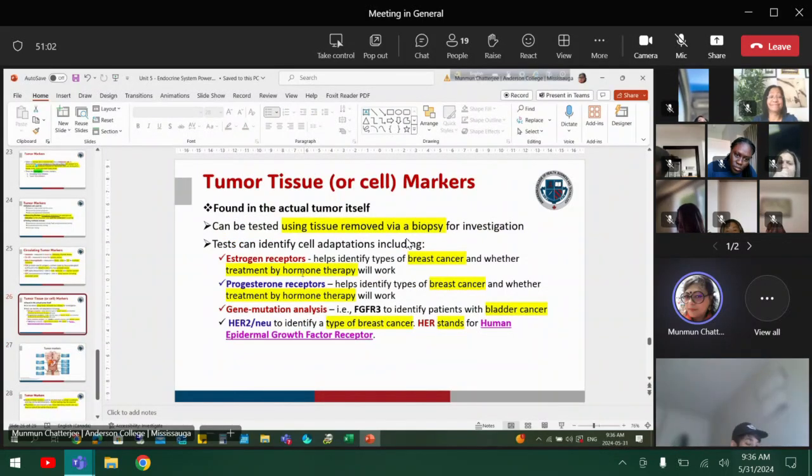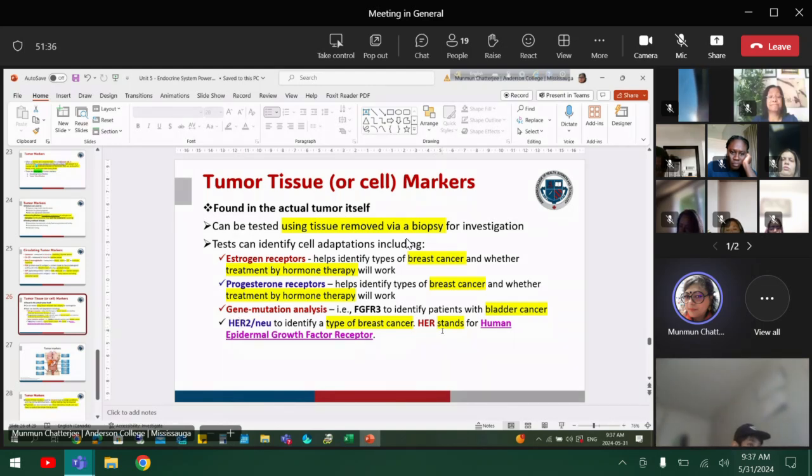And now the tissue markers, where the antigens are present on the tissue, on the cell surface. What are those? Estrogen receptor, progesterone receptor, and HER2/neu. This is also a breast cancer marker, HER2/neu. This comes very often nowadays. I just remember it by the name HER2/neu, but HER doesn't mean female.